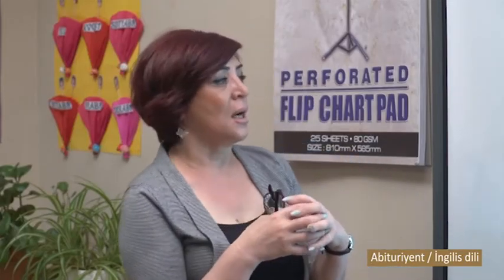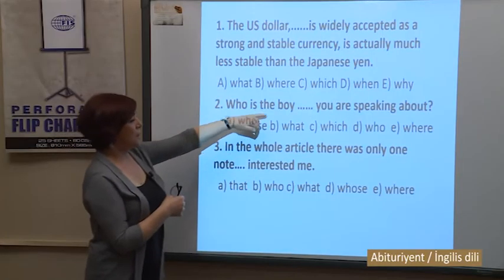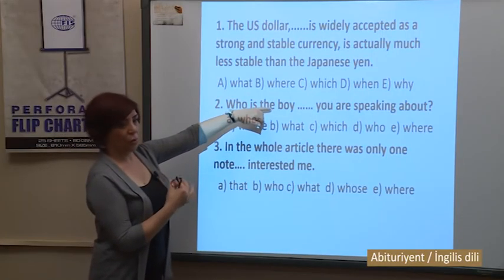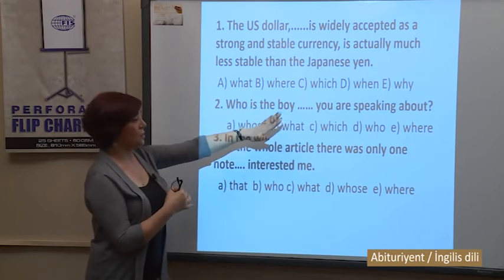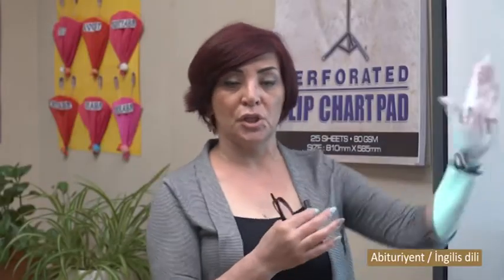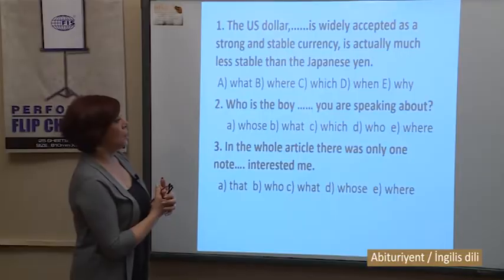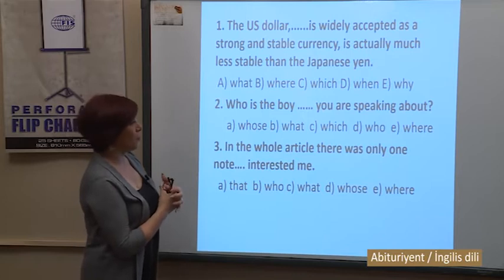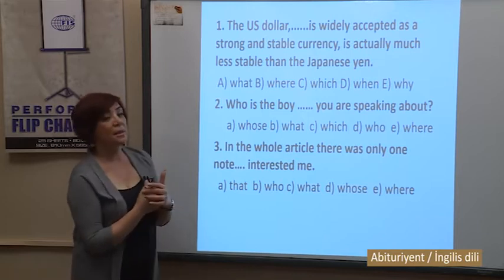What isn't used for a relative clause. Whose, no, after the boy there is no object which belongs to this person. In that case our right variant is D, who you are speaking about. Of course, here who is the object.